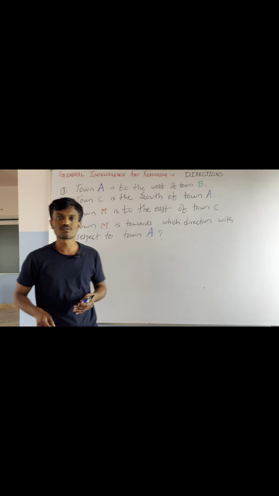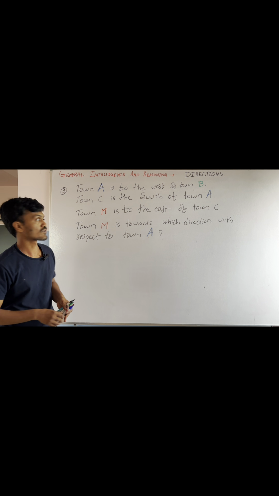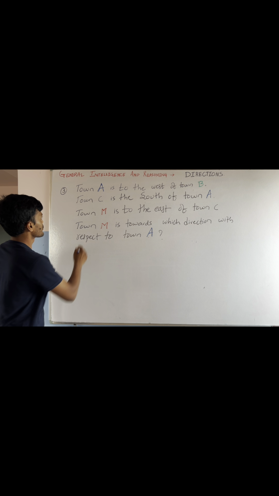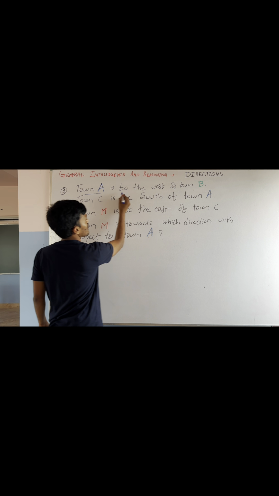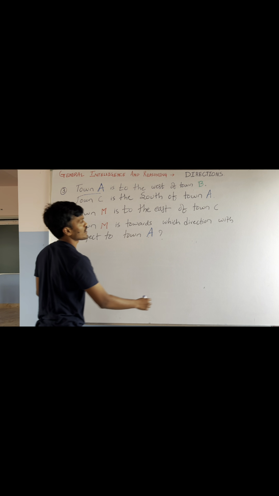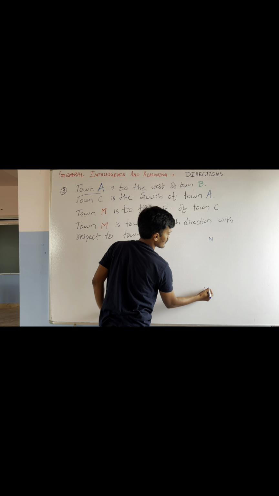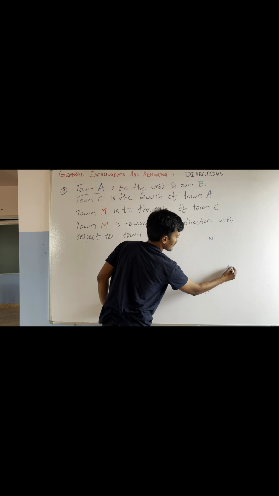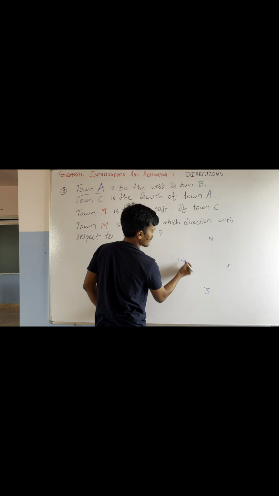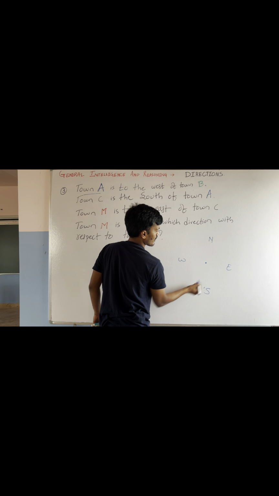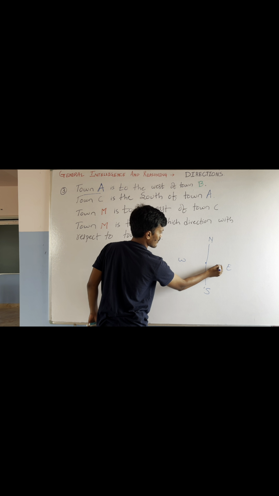So now let's move on to another different question. Here town A is to the west of town B. Let's write the directions north, south, east and west. This is the central point.